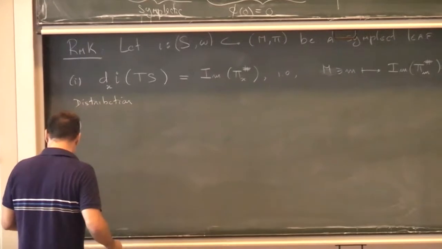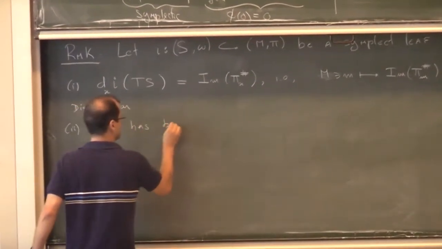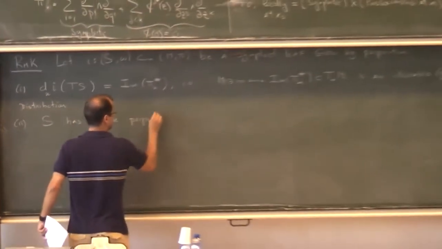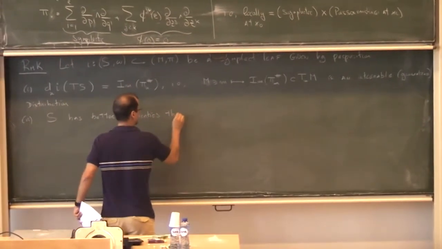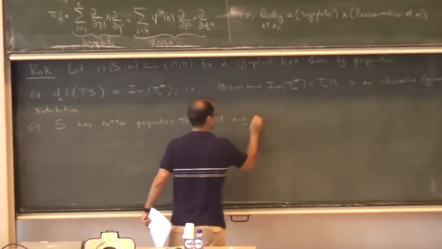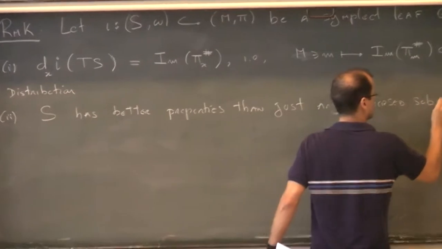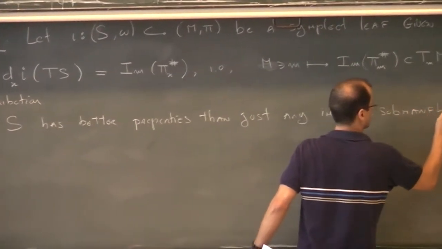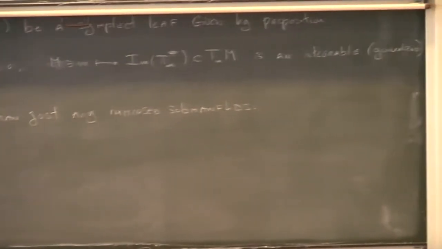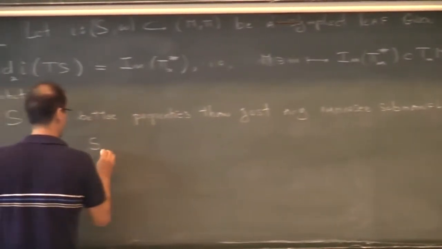Okay, the second remark is that these S's have better properties than generally immersed submanifolds. If you take such a leaf, you have the inclusion.